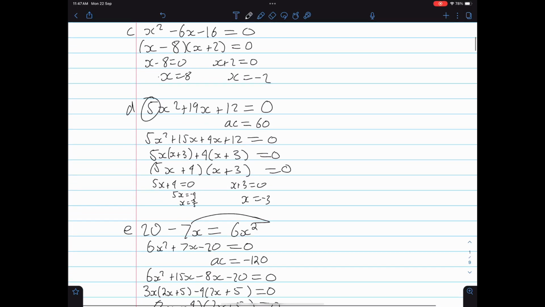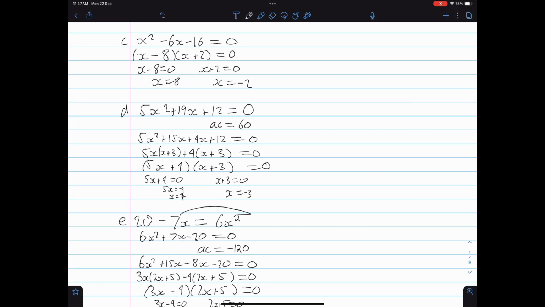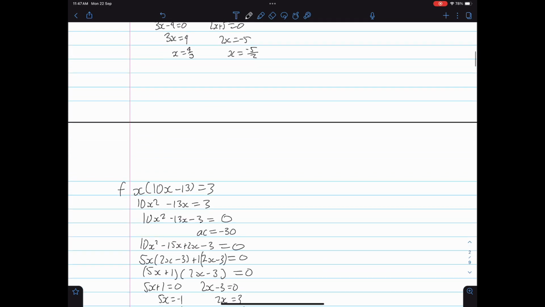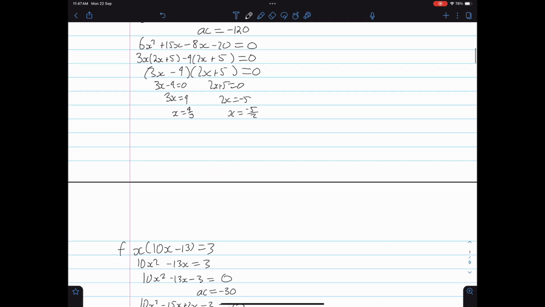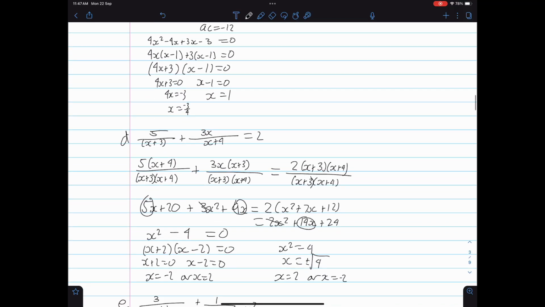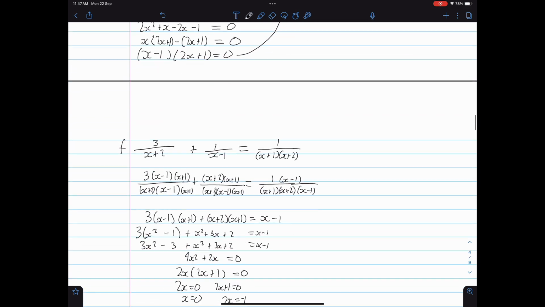And then we had stuff where the lead coefficient was not 1, where we multiplied this to get something that you needed 2 numbers to multiply to and 2 numbers to add to this one here. Then when you got into stuff where you needed a bit of rearranging or a bit of expanding. And it was over here we started getting into fractions, getting common denominators and stuff. And that was all good.